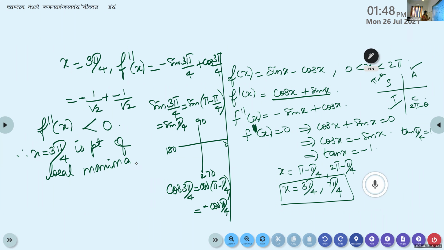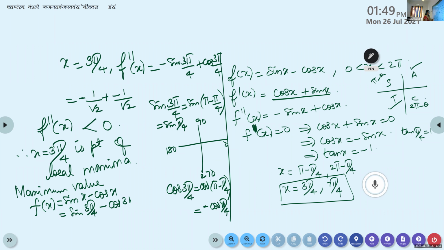Therefore, what is the maximum value? Find the maximum value. In f of x, we should substitute. What is the question here? f of x is sin x minus cos x. There you should substitute for x. That is sin 3 pi by 4 minus cos 3 pi by 4.